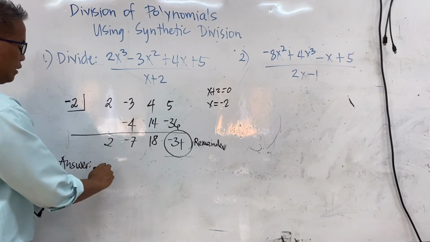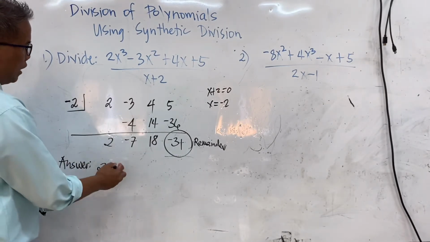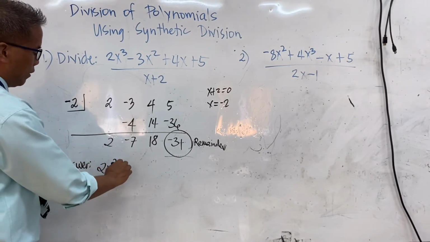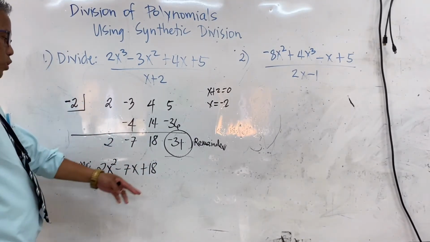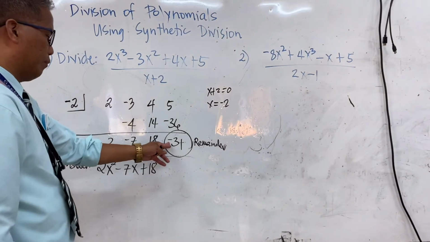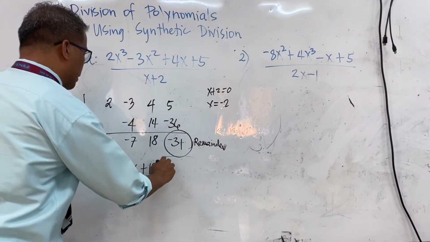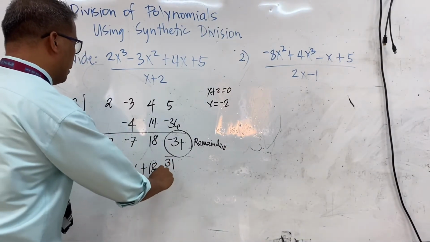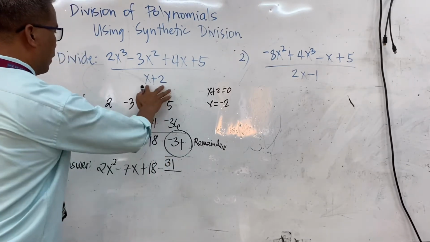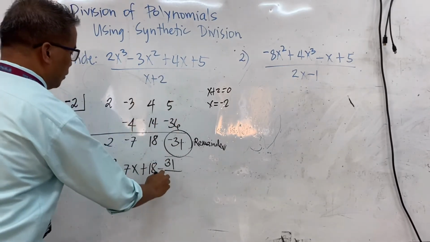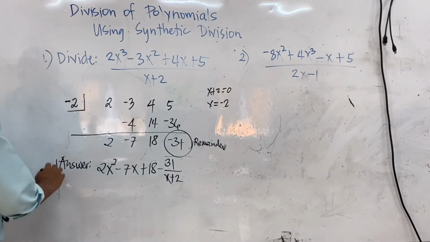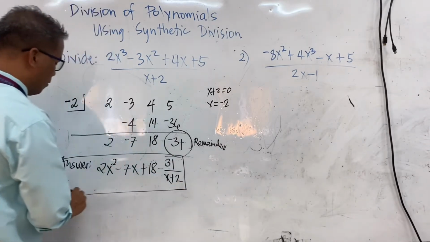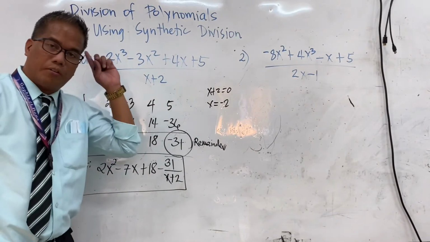So 2x squared minus 7x plus 18. Then we have a remainder of -31, so minus 31 will be your numerator, over the same denominator, x plus 2. This is now the final answer of your question number 1.